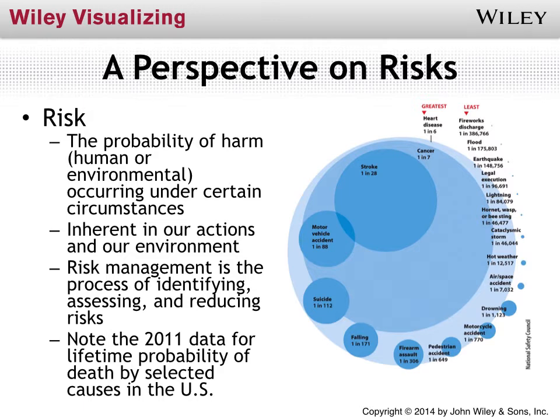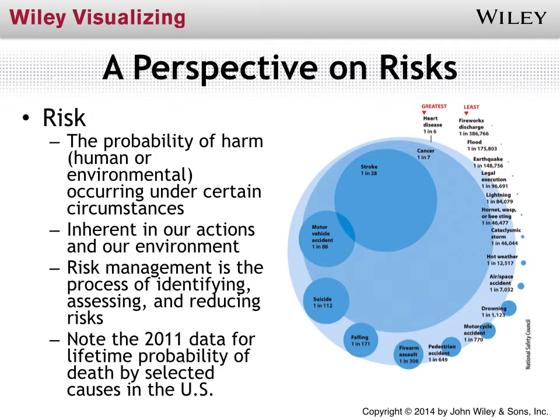But we also have to take into account that sometimes our perception of a risk is very different than the actual probability of that type of risk. So looking at the image on the right, every year people die from improperly discharging fireworks, to dying in floods and earthquakes, to being killed by lightning or the sting of a wasp or hornet.